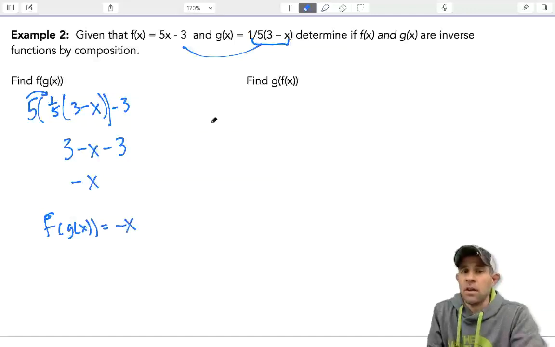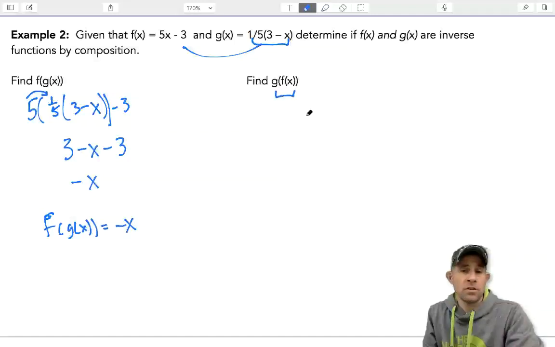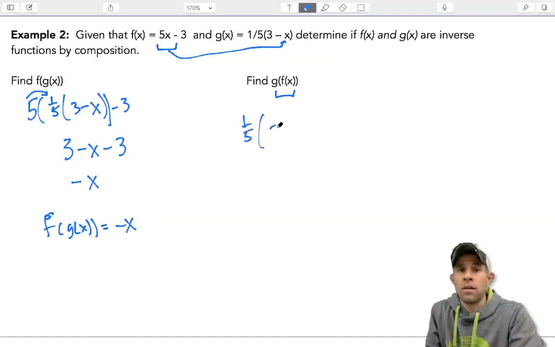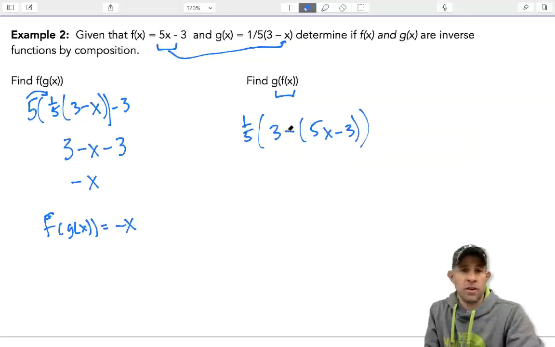All right, now let's try our composite function for g of f of x. Switching directions now, we're going to take our f of x and substitute it in here for x. So we have 1/5 times 3 minus 5x minus 3. Let's start by simplifying inside the parentheses. We've got to distribute this negative in.